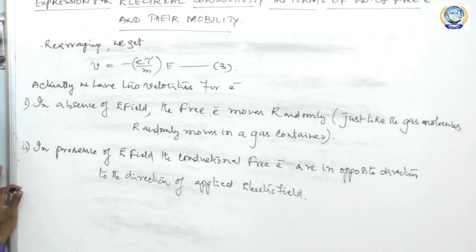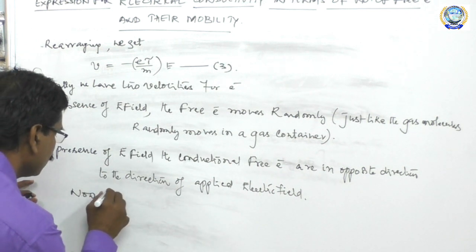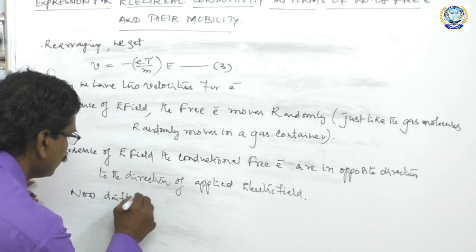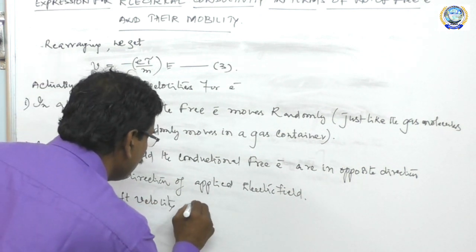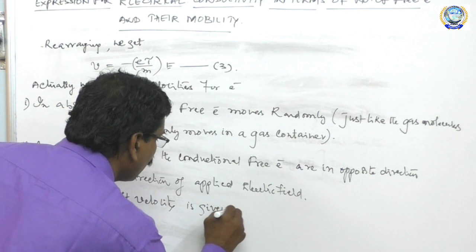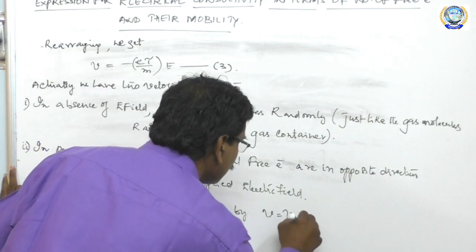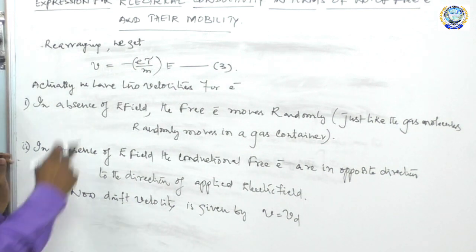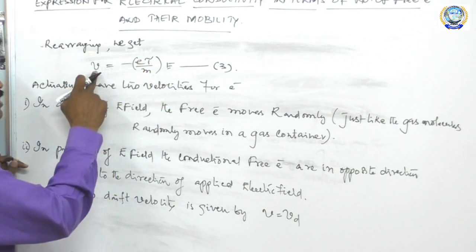Now, the drift velocity is given by v is equal to vd. As we consider that v is equal to minus e tau by m into E, we simply substitute vd in place of v.